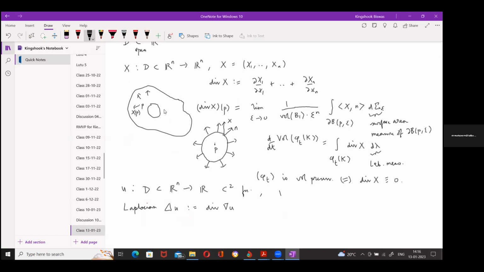And since the gradient vector field is the vector field with components del u del x1 up to del u del xn, its divergence is del squared u del x1 squared plus up to del squared u del xn squared.